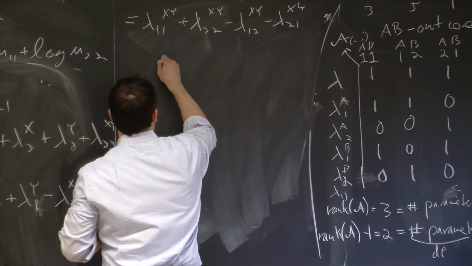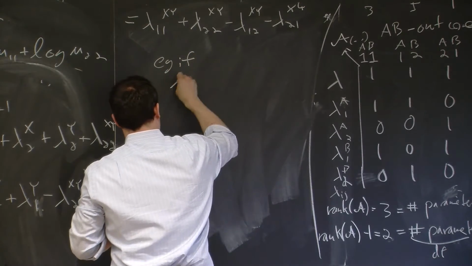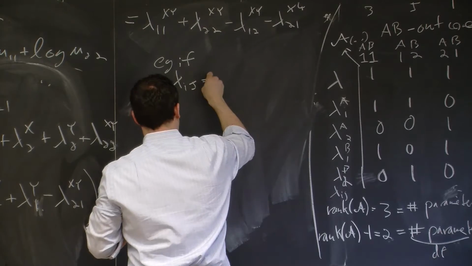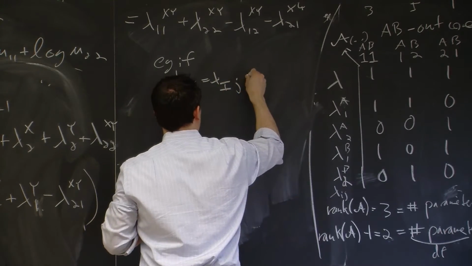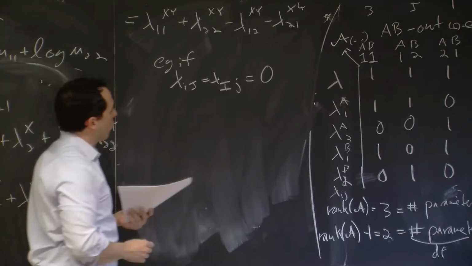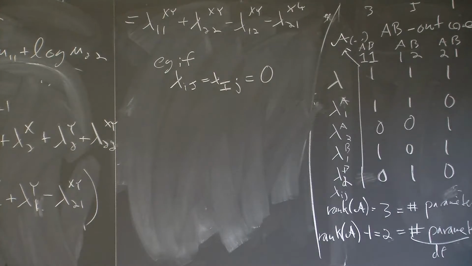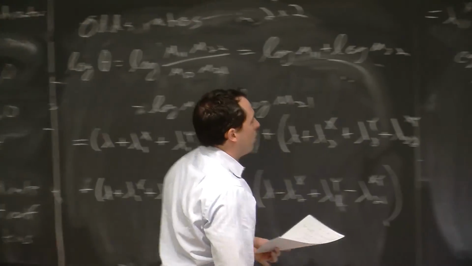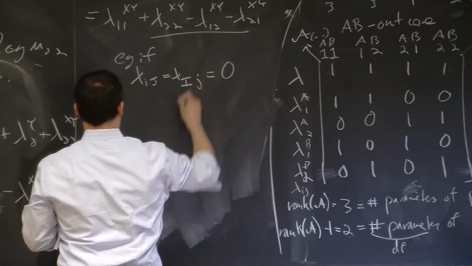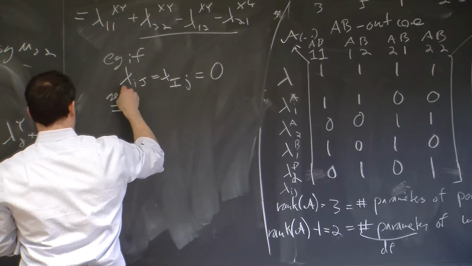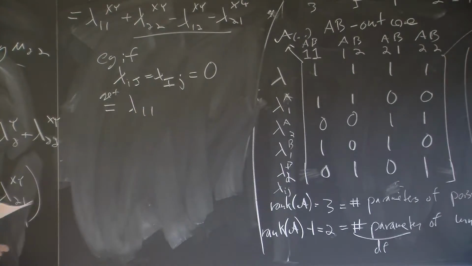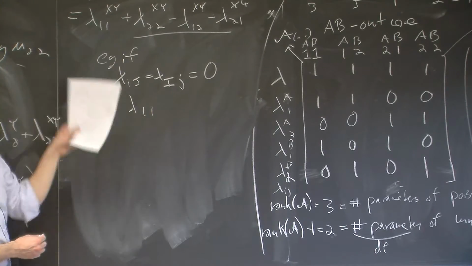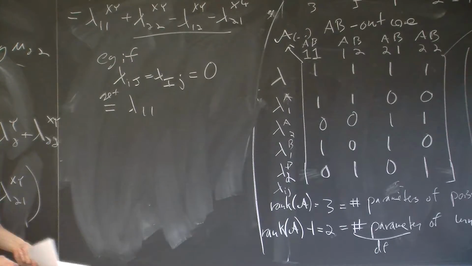For example, if I set lambda ij equal to 0 for the last components, then all of this gets zeroed out here, and I'm just left with one parameter, lambda 11. So though it looks like four parameters in the odds ratio, it's really just one parameter after accounting for redundancy.